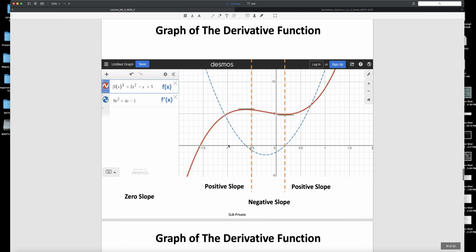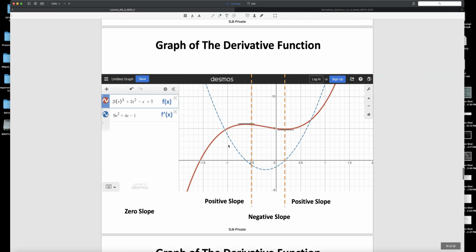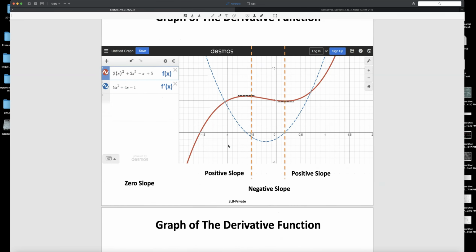Now let me go in here with this example. This is an example that I created for you using a very simple polynomial function in which the degree is 3. Later on, you're going to learn that this polynomial here, in which the degree is 1 power lower than the original function, is really the derivative. So this quadratic function is the derivative of this original function.